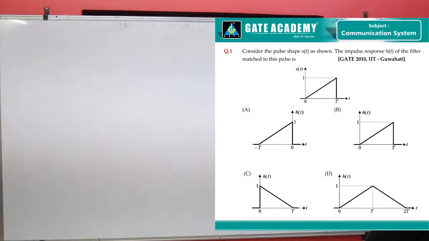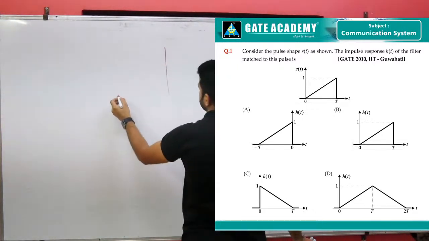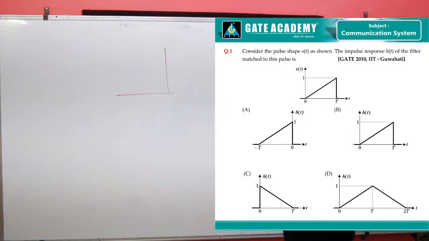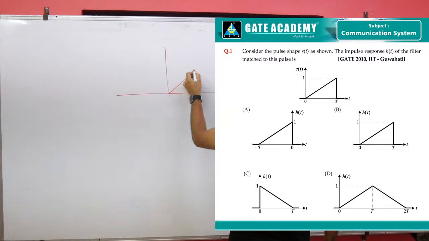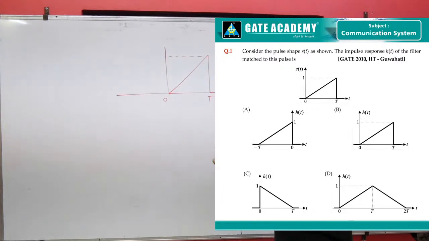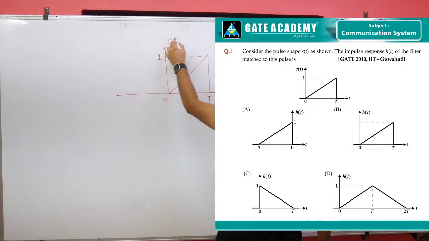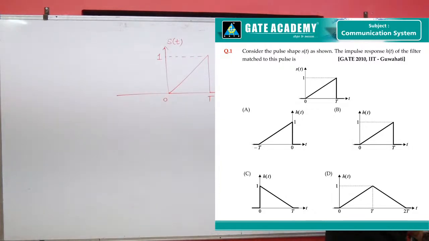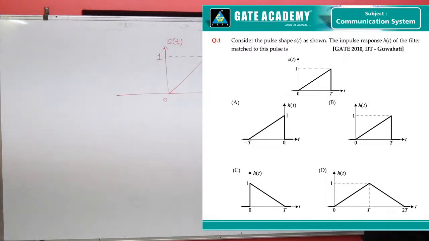The question is, consider the pulse shape as shown in figure. The impulse response h of t of the filter matched to s of t is. So in this question it is given that this is the response 0 to T and having amplitude 1. So now s of t is given, and this is nothing but the input to the match filter.